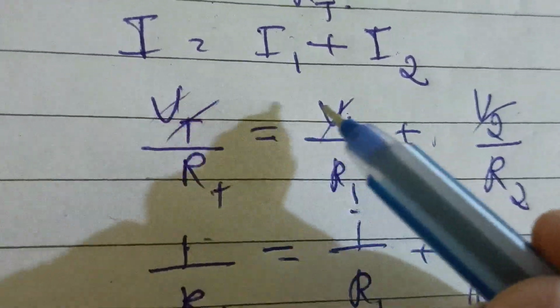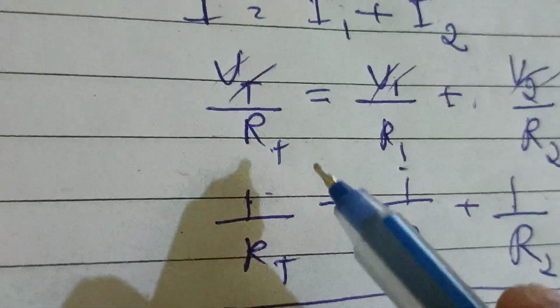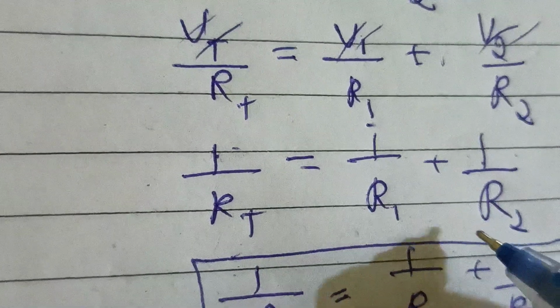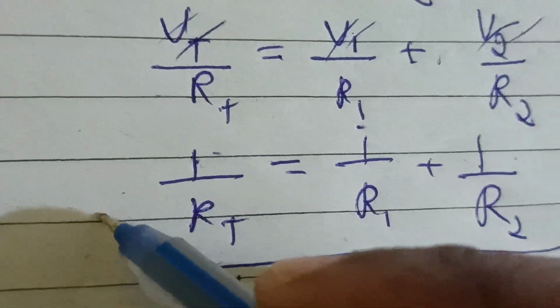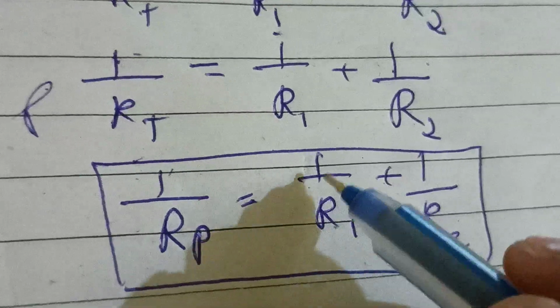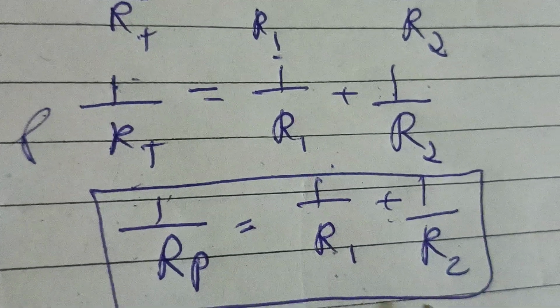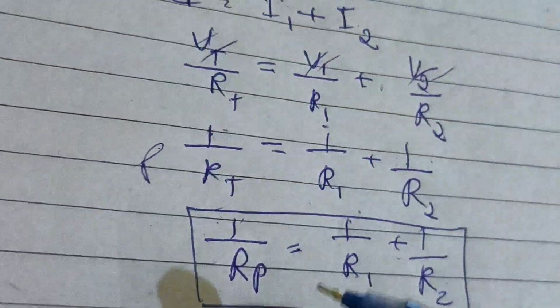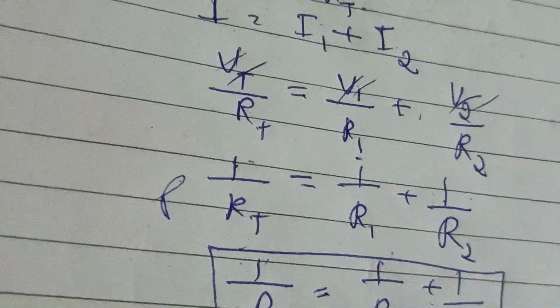Now since the voltage is the same, it gets cancelled. So what remains? 1 by RT equal to 1 by R1 plus 1 by R2. Since we need the resistance in parallel, let's write 1 by Rp equal to 1 by R1 plus 1 by R2. This is the formula for resistance in parallel, and this derivation you will get in the exam.